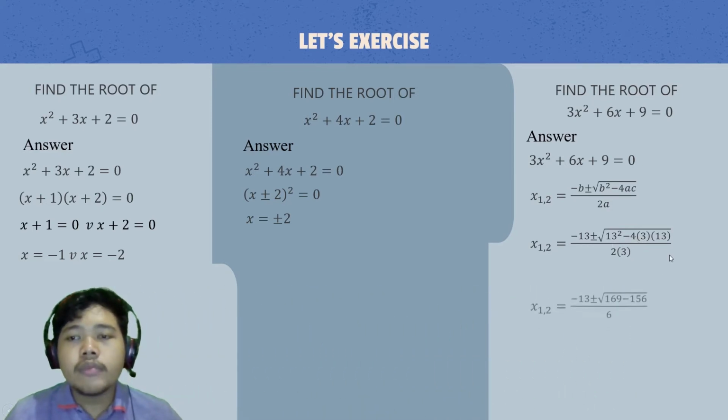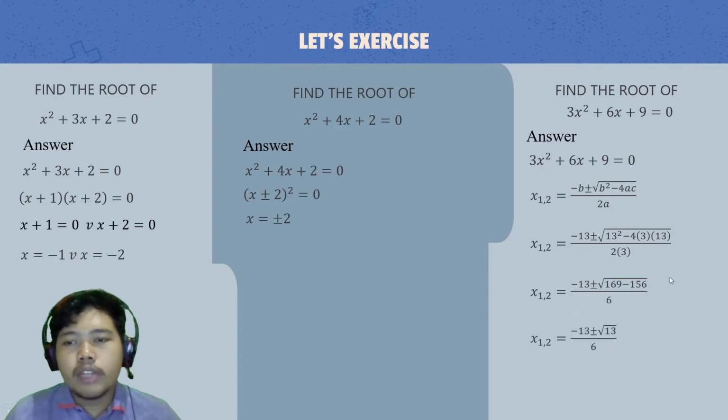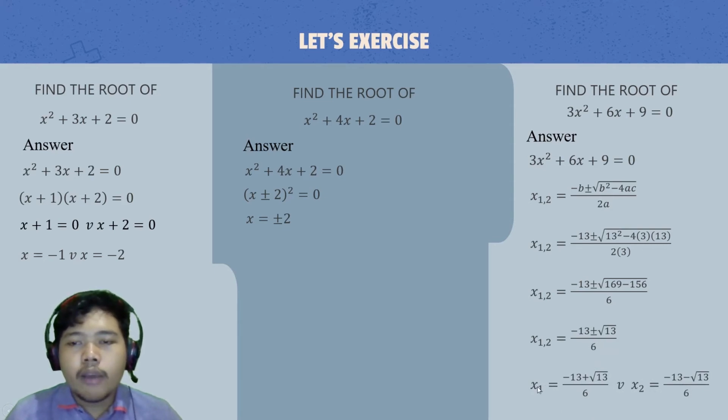And then x1,2 will be minus 13 plus minus the root of 13 per 6. And then we will get x1 is equal to minus 13 plus the root of 13 per 6, or x2 is equal to minus 13 minus the root of 13 per 6.